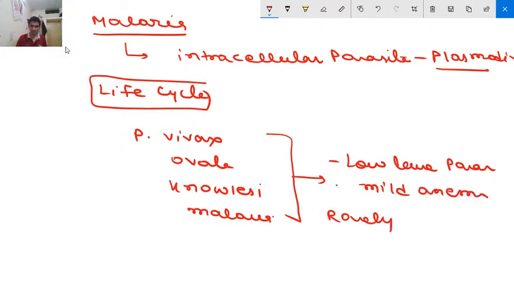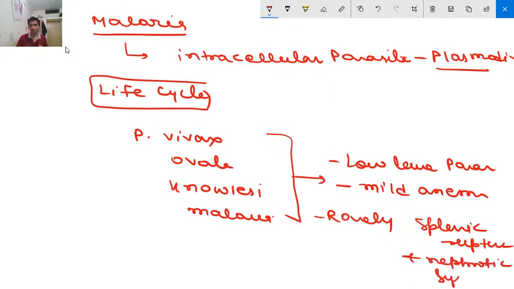These are important points from Robbins. They can cause mild anemia, and they rarely cause splenic rupture and nephrotic syndrome. Clear?